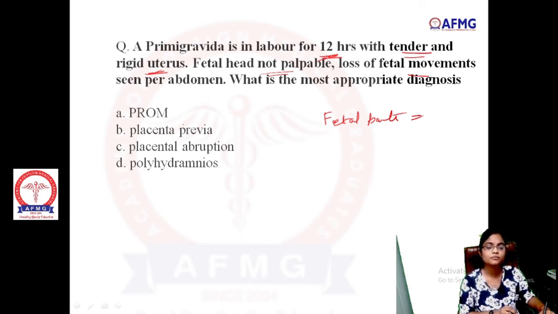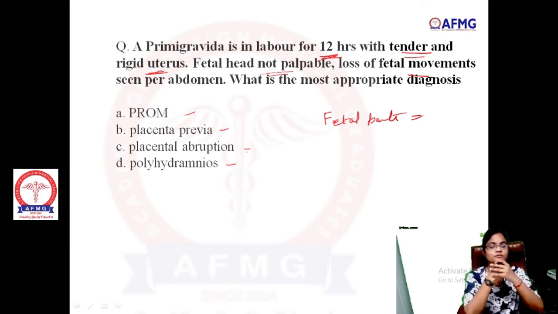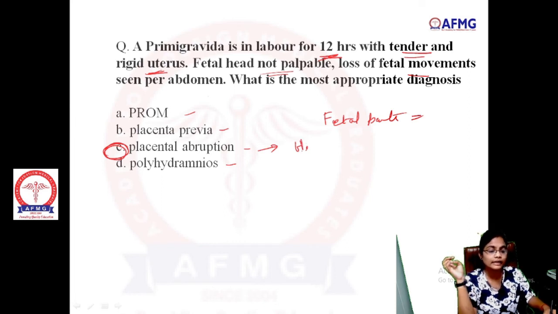The options are: PROM, premature rupture of membranes, placenta previa, placental abruption, polyhydramnios. See, 12 hours, rigid uterus and loss of fetal movements. It obviously goes with placental abruption. Why? There is bleeding, and the complaint of a primigravida in labor is a clue.